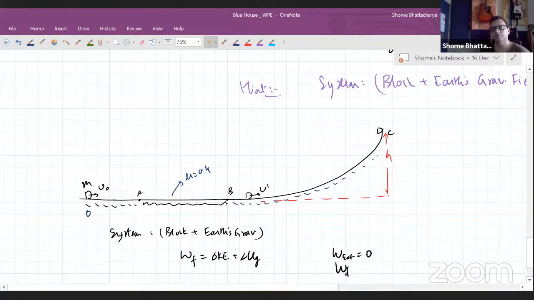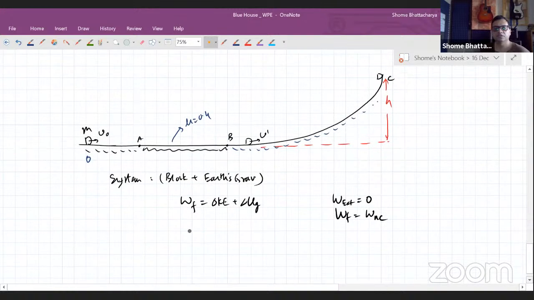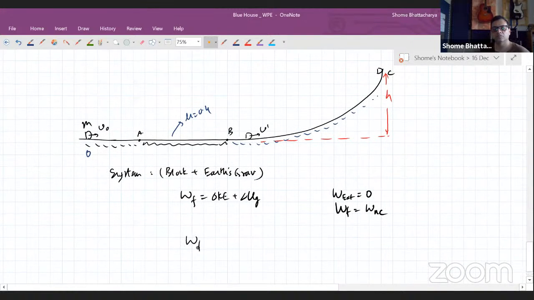Work done by friction here will be kinetic friction from A to B only, so that is just going to be minus mu mg into that distance d, where this distance is d.